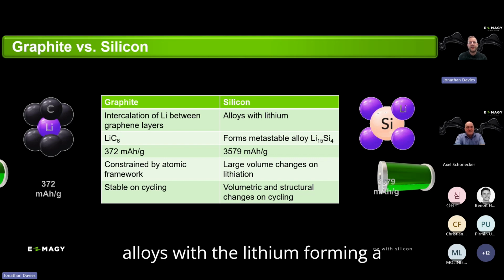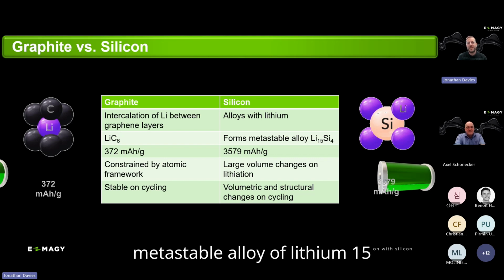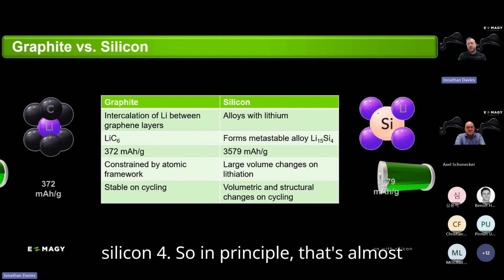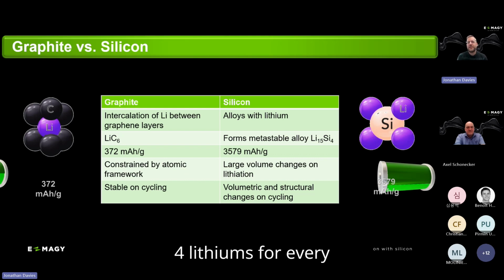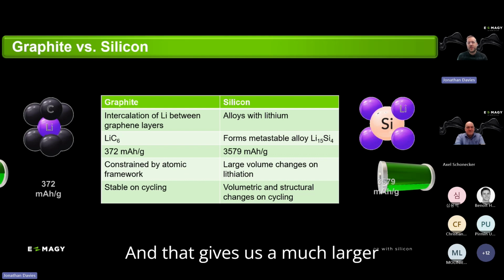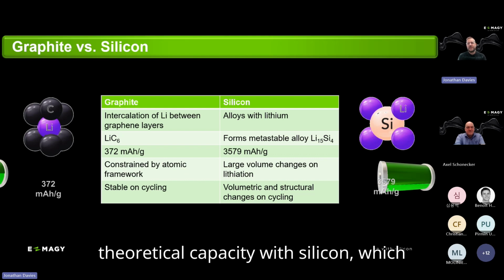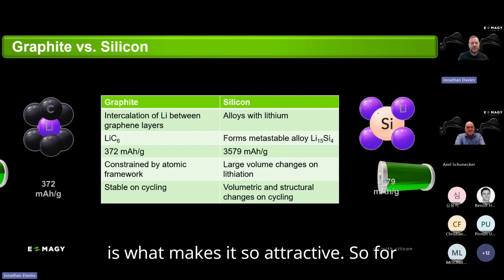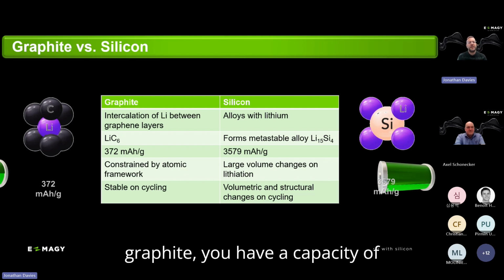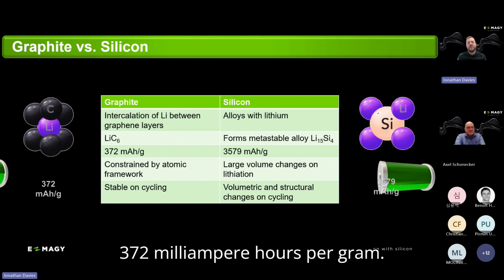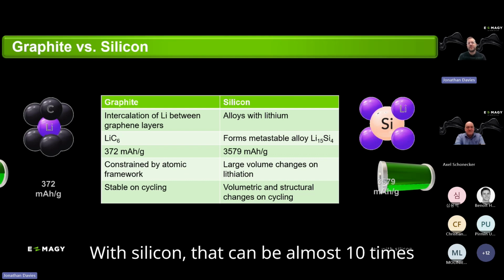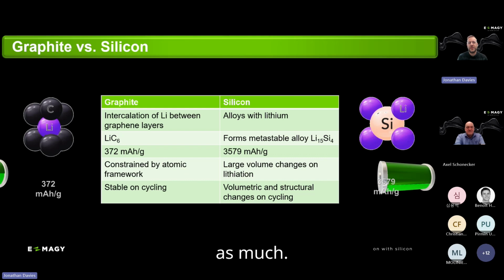The silicon alloys with the lithium, forming a metastable alloy of Li15Si4. So in principle, that's almost 4 lithiums for every silicon in the material. And that gives us a much larger theoretical capacity with silicon, which is what makes it so attractive. For graphite, you have a capacity of 372 milliampere hours per gram. With silicon, that can be almost 10 times as much.